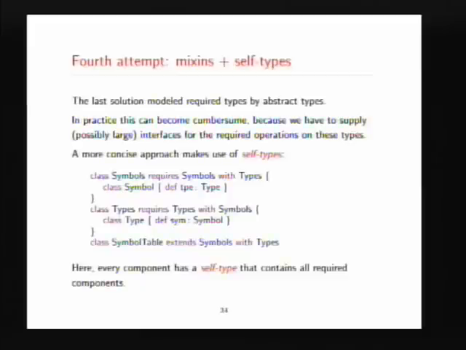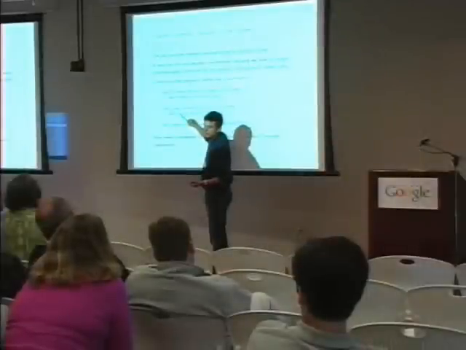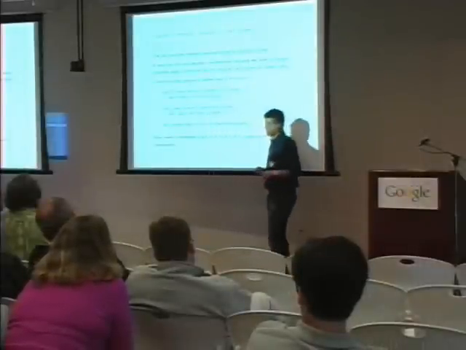So when you write type here, where does it resolve the identifier type? As usual, when you have a member access, it's resolved to this dot member. The current object is a symbols with types, so it's a mixin composition of the two. In this mixin composition, I have an implementation of type here. So type will resolve to this, and symbol in the same way. So that's why it works.